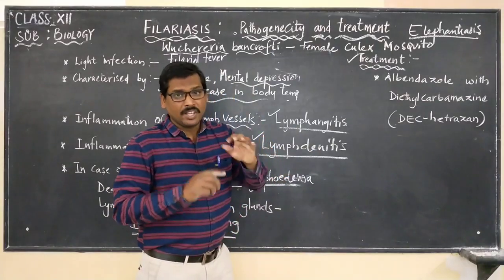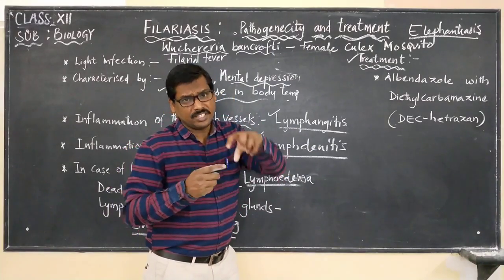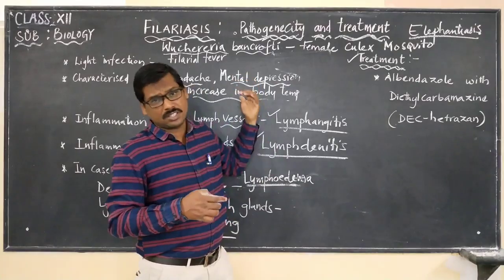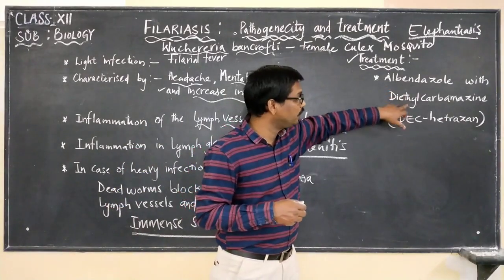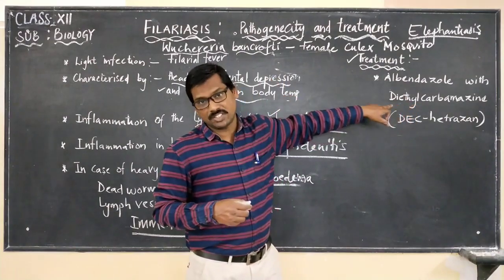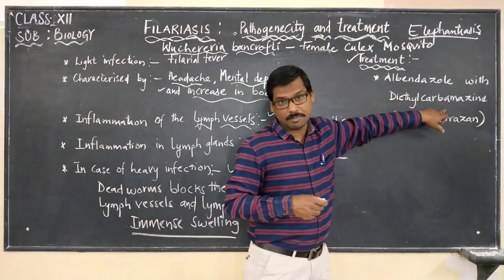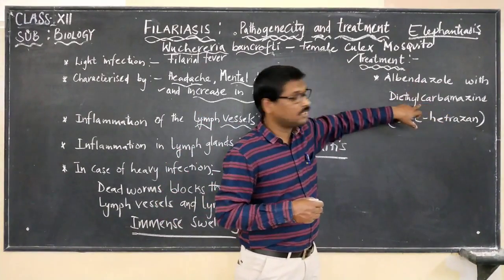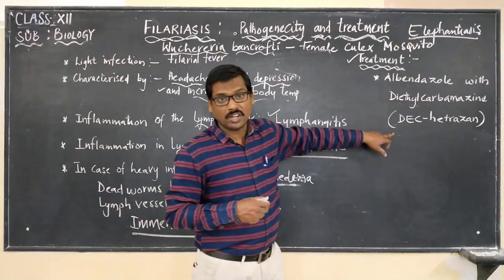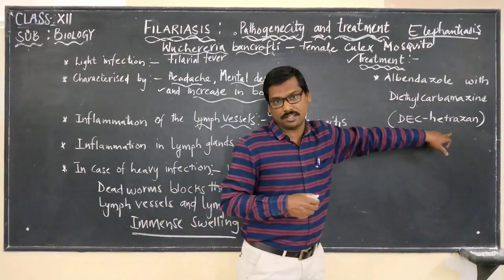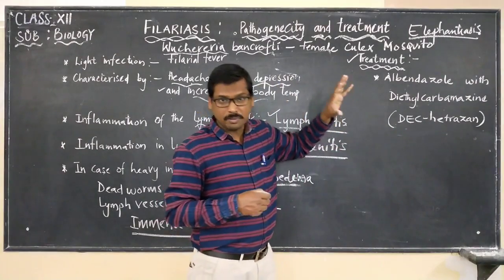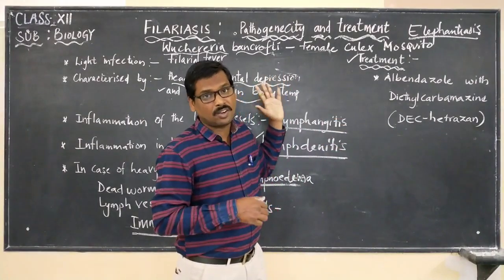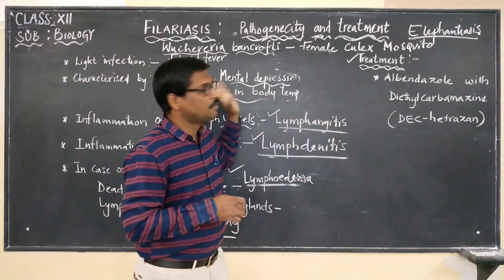For general treatment of this disease, they will use albendazole with diethylcarbamazine. In short, it is called DEC. DEC with albendazole is the medicine given for controlling or treating filariasis.